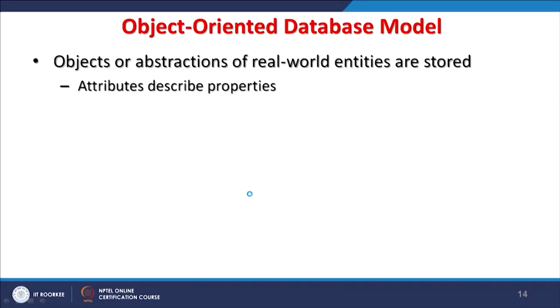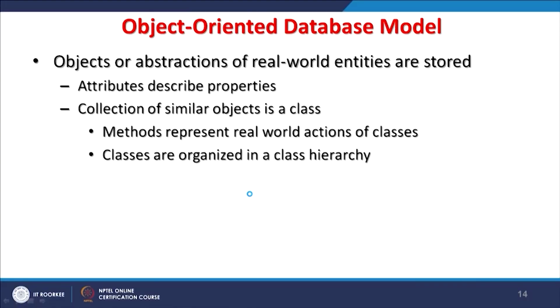Attributes describe properties, whether it is raster or vector, they describe what phenomena or what information it is. It is again a collection of similar objects in a class. Methods represent real world actions of classes, and classes are organized in a class hierarchy. So in the object oriented database model, this is how things are done.